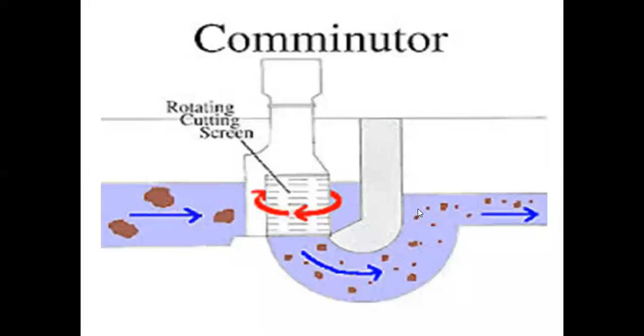So here you can say, see here, rotating cutting screen. These are always continuously in motion in this direction shown by the red arrows. So it is a rotating cutting screen. The particles entering into this channel in an inward direction, inward flow, you can observe, will strike on this, and that rotating cutting machine will convert them into fine particles up to 20 mm diameter.